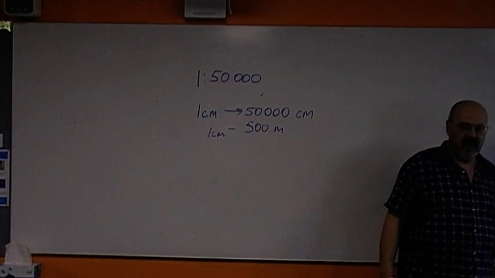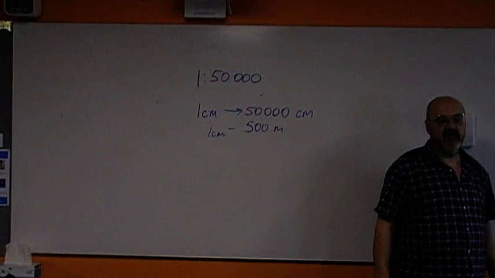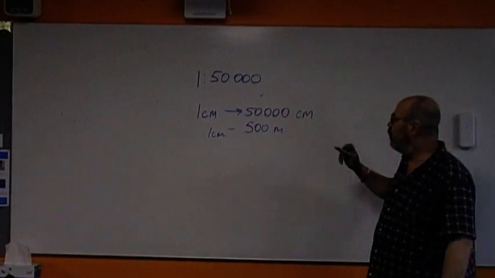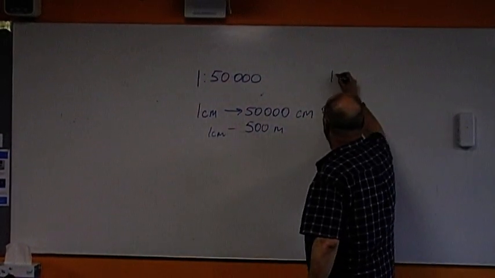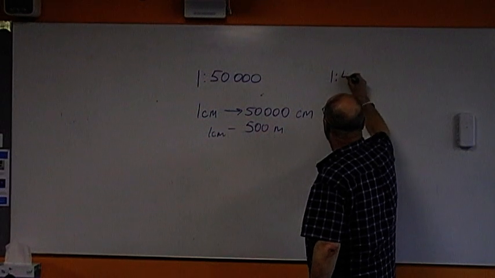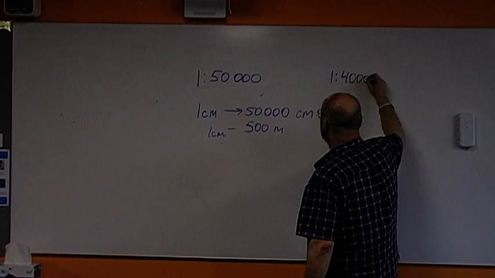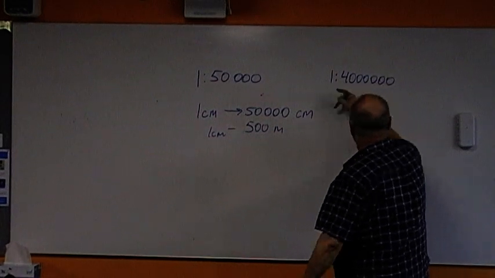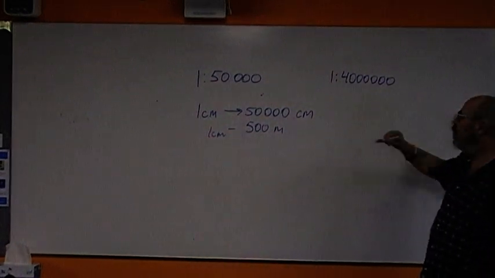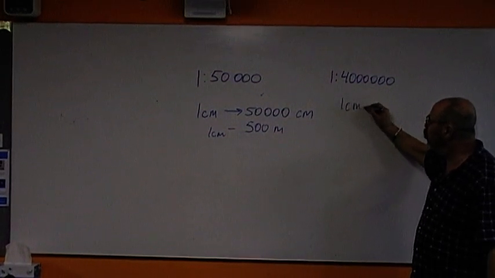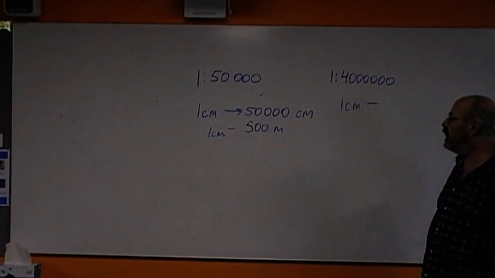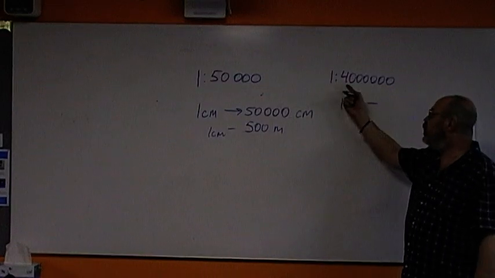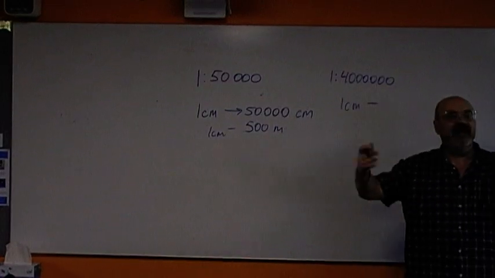Another example, let's say a map says 1 to 4 million. So 1 centimeter on the map represents 4 million centimeters in real life.